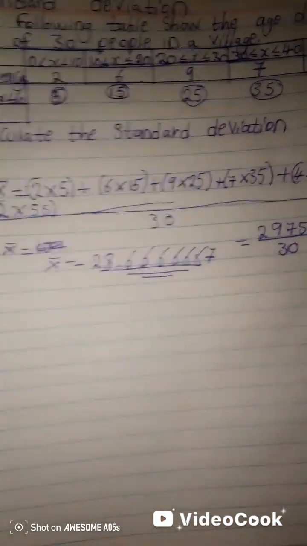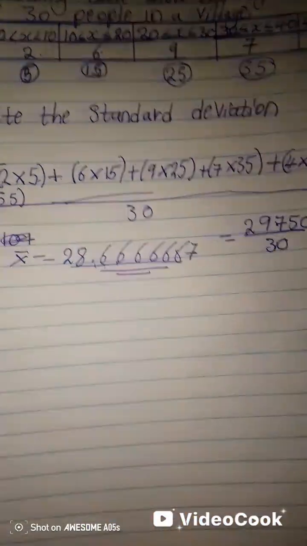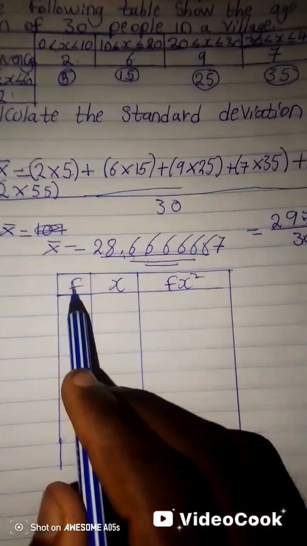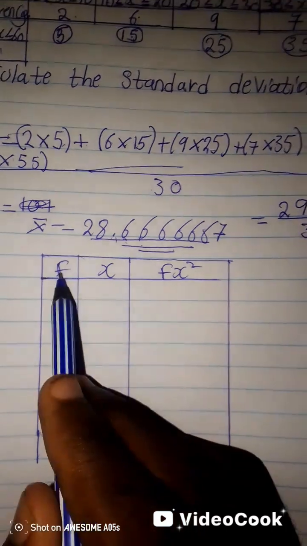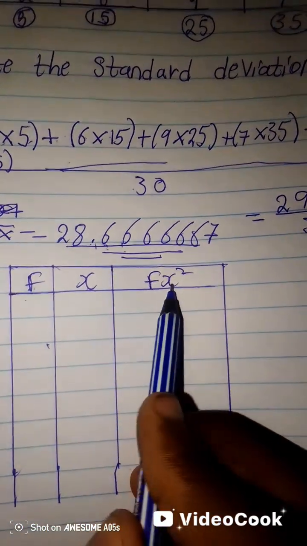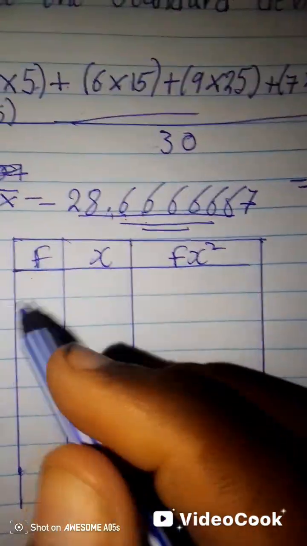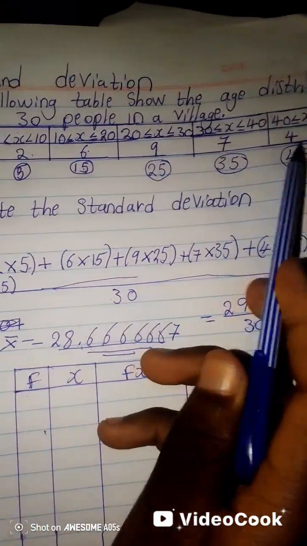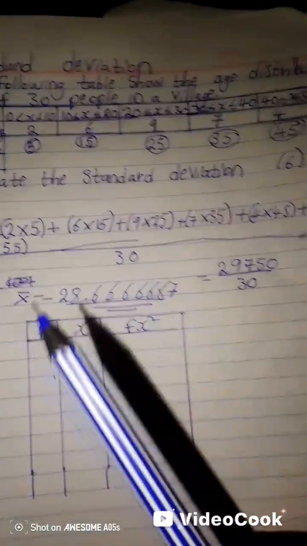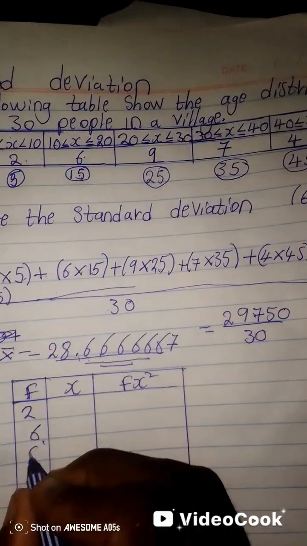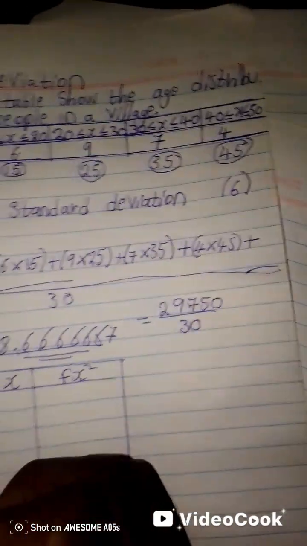After you find your mean, you now draw a table. This is frequency, midpoint, and then frequency times midpoint squared. So these are the frequencies: 2, 6, 9, 7, 4, and 2.